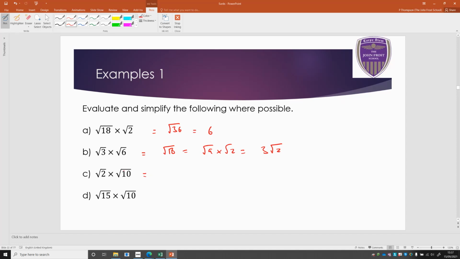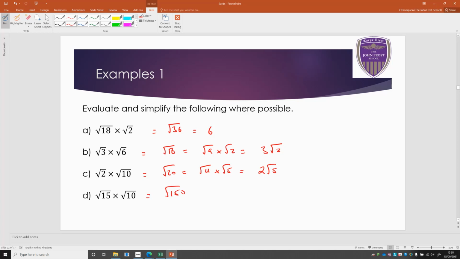This one, 2 tens are 20. And again, 20 is simplifiable. It's 4 times 5. Root 4 is 2. So this is 2 root 5. And this one, 15 times 10 is 150.